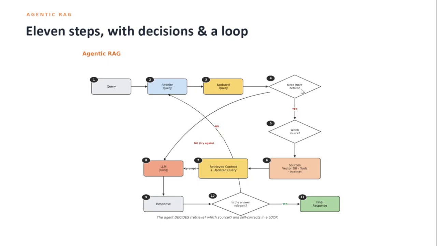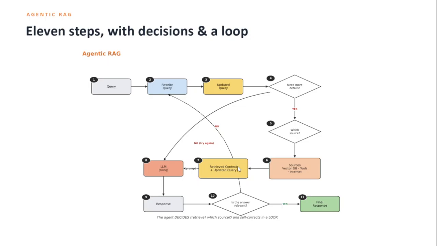Based on the need for more details, it will decide which source to use, select that source, and retrieve the context. Let's say the answer is not available in your database, it tries the internet or maybe tools, and based on that it retrieves the context.